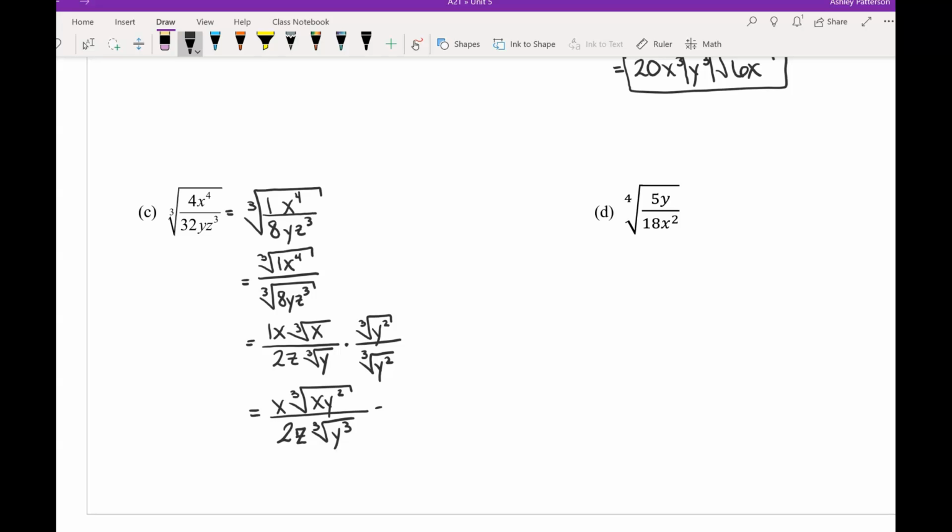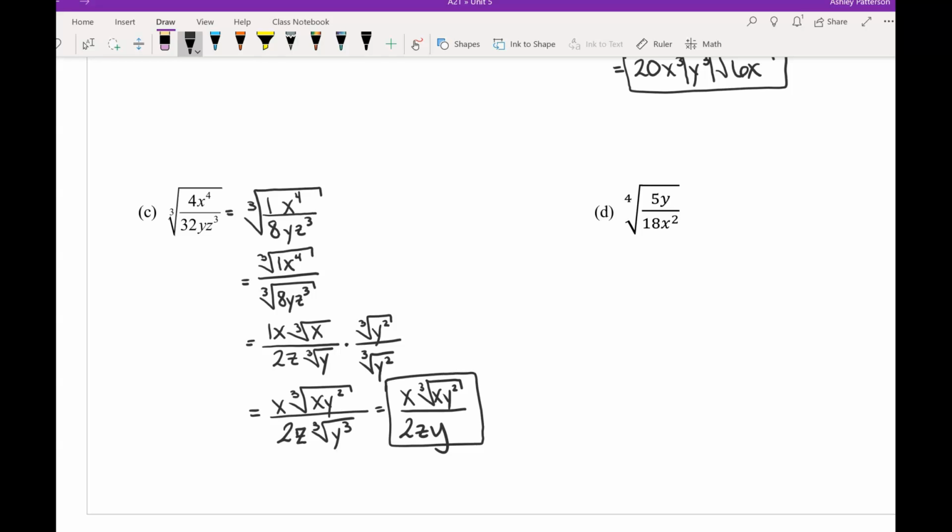Aha, that's what we wanted. We needed 3 y's so that we could get rid of that radical. So we have x times the cube root of xy squared all over 2zy, and that is in simplest form. Whew, there's a lot going on, huh?